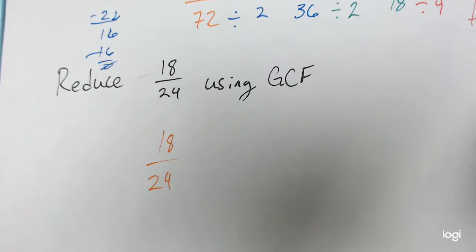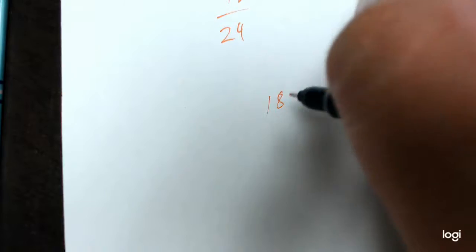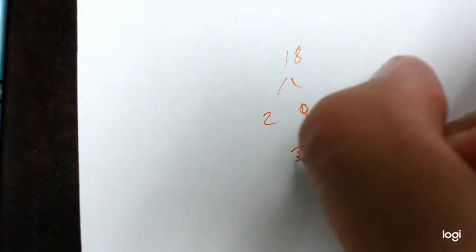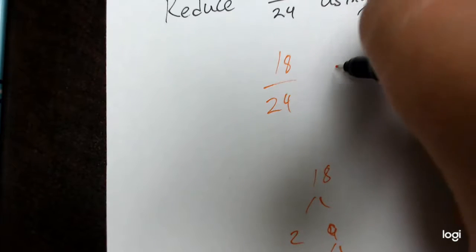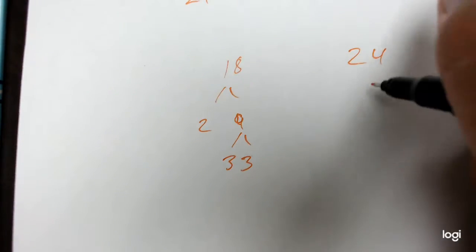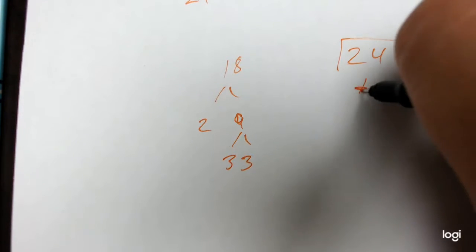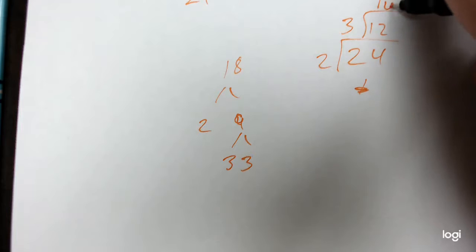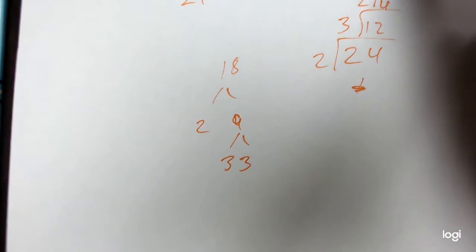So we'll quickly find the greatest common factor of 18 and 24. So let's take 18. I'm going to do a factor tree. I've got 2, 9. 9 is 3 and 3. All right, so 18 is going to be 2, 3, 3. And then we'll take 24. Well, we'll do a tower for 24. We've got 2, 12, 3, 4, 2, and 2.